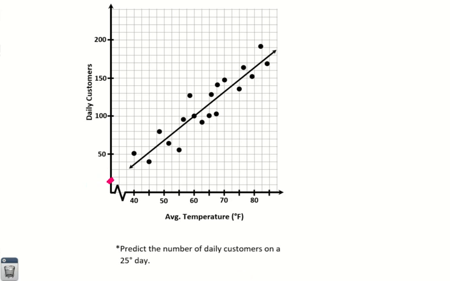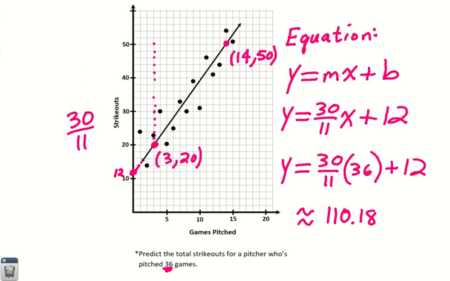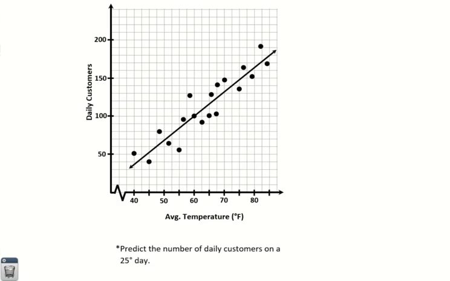Because guess what? This right here, which seems like the y-axis, is not really the y-axis. People, the y-axis is not really here. Look at this little jagged thing right there.